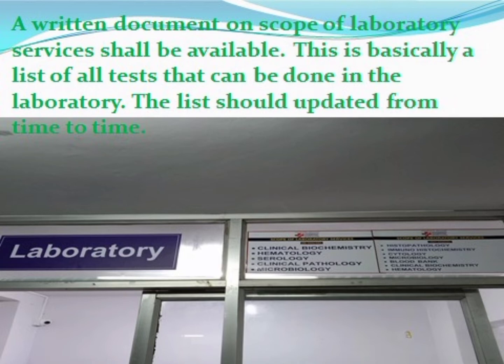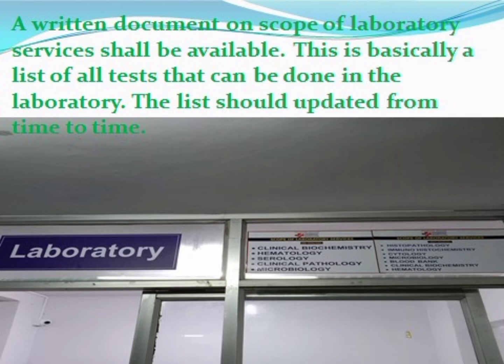And this scope of services basically depends upon what kind of services are given by the hospital. So based on the hospital scope of services, the lab also should have a scope of services, and the list should be updated from time to time.